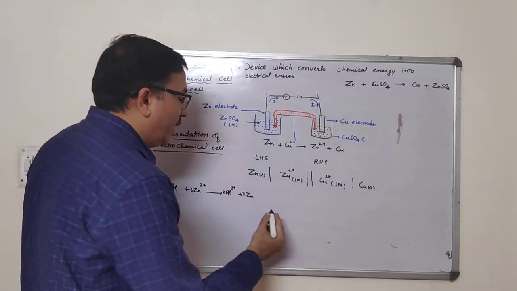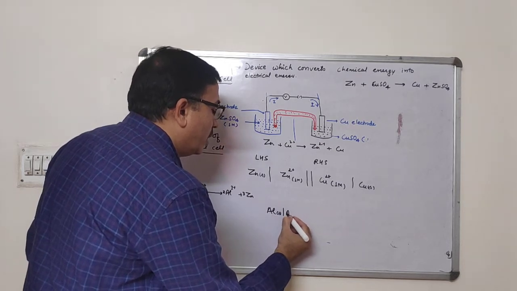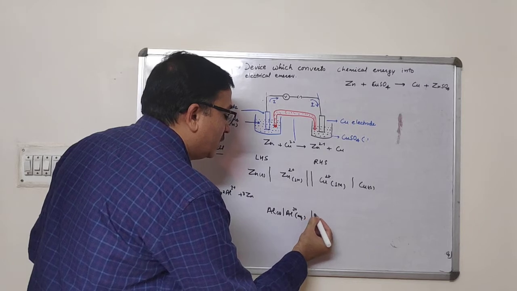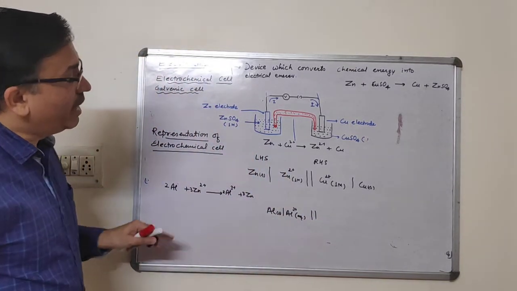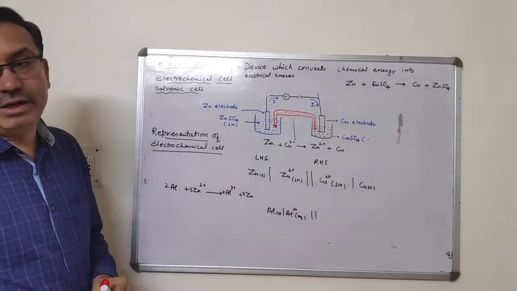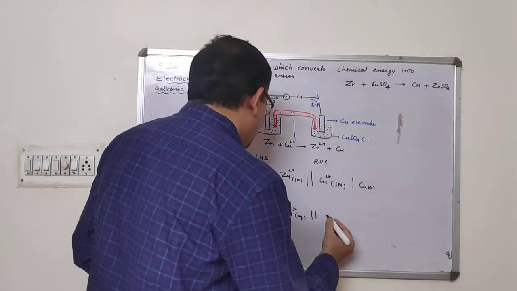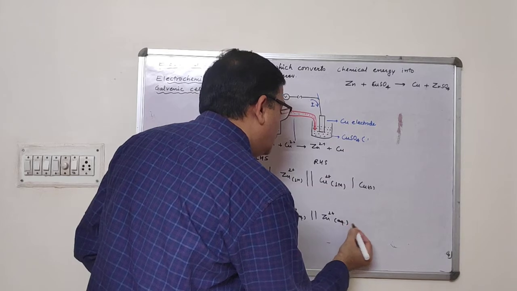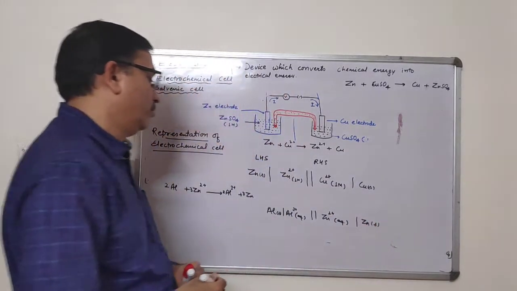Al converts into Al3+. So Al solid converts into Al3+ aqueous. Concentration is not given, that's why I have written aqueous. And while representing a cell, coefficients should not be written. Then what is happening? Zn2+ aqueous converts into zinc solid.